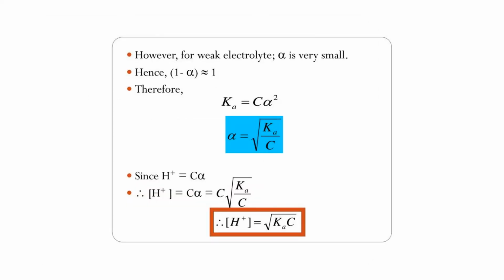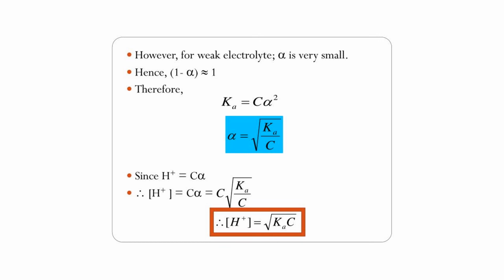But in the case of weak electrolyte, alpha is very, very small. Hence, 1 minus alpha can be taken as 1. So Ka is equal to എന്താണ്? C alpha square divided by 1 minus alpha, 1 minus alpha യിൽ വരുന്ന ആൽഫയുടെ വാല്യൂ that is very, very small. That is 1 minus alpha is equivalent to 1.